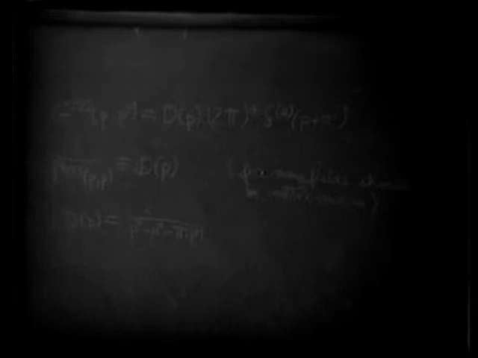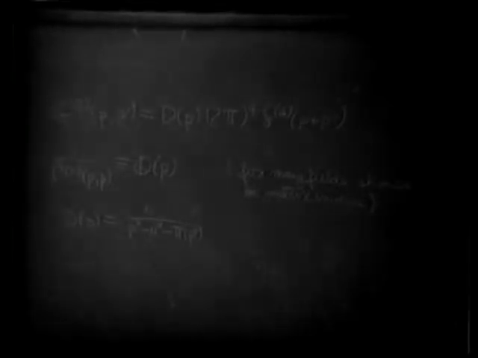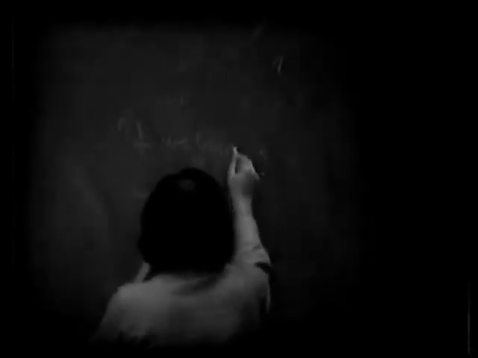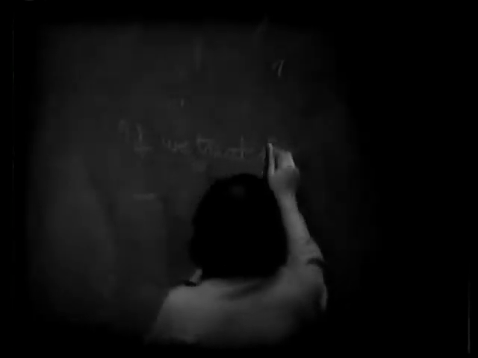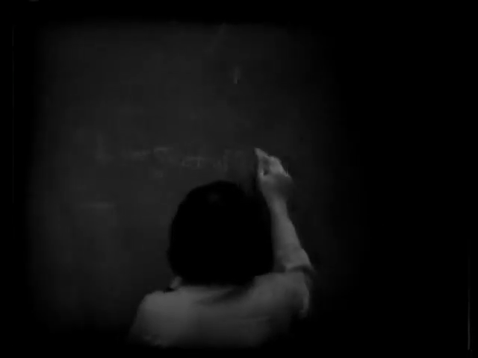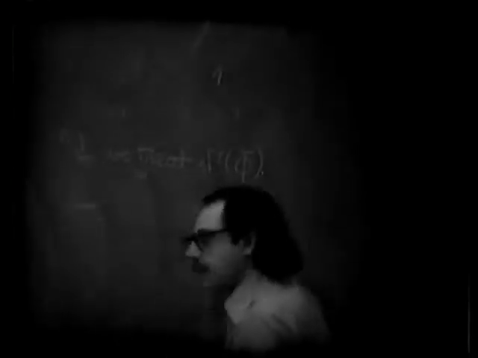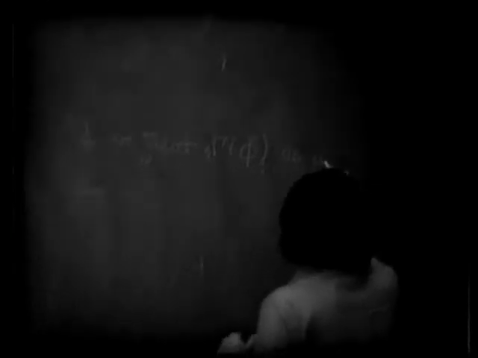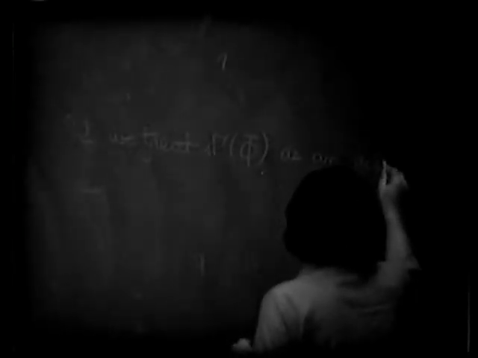Now, why on earth have I made this dumb extra definition for gamma 2? The reason is simple. With these definitions, if we treat gamma of phi bar as an action, we're dumb.